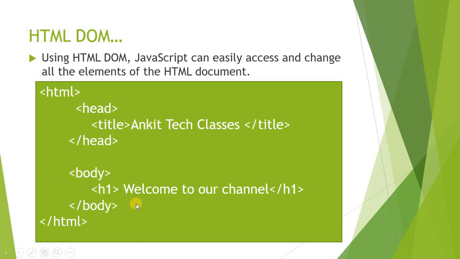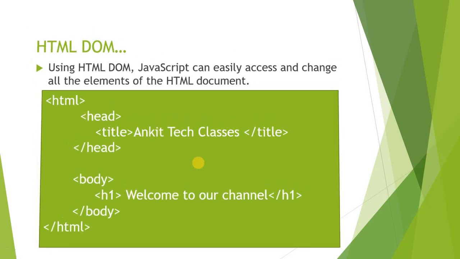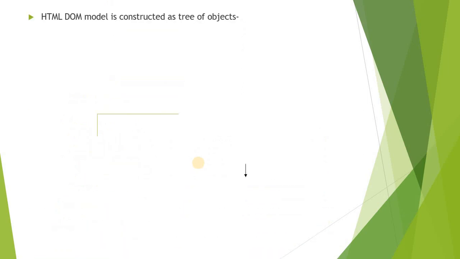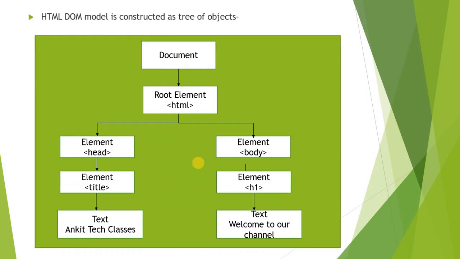So this is your HTML document in which you define your document with the help of the HTML tag as well as the head and body tags. This document can be defined as HTML DOM, where the root element is the document which represents your HTML document, and the HTML DOM represents a root element as your HTML element.